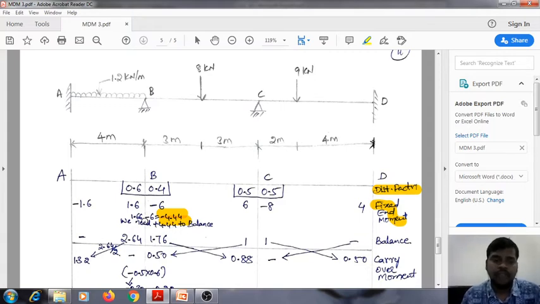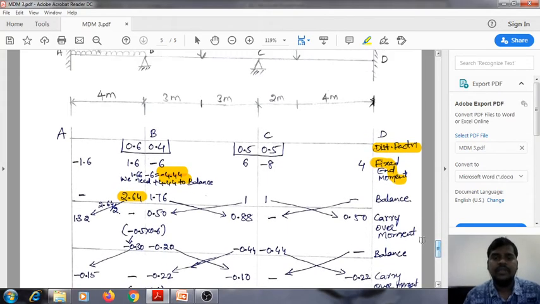For that, 4.4 into 0.6, we get the answer as 2.64. Again 4.4 into 0.4, we get 1.76. So this is nothing but the balance.